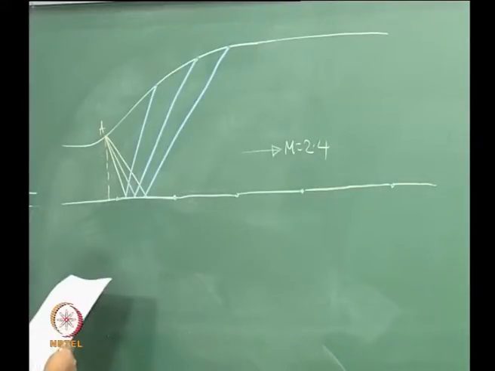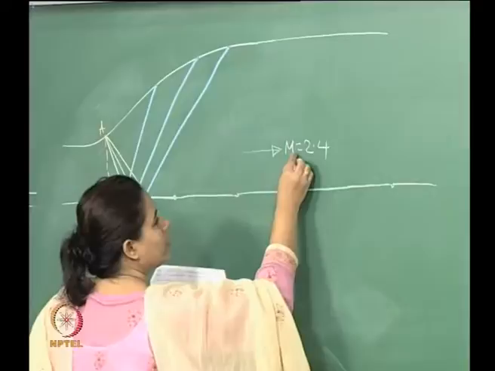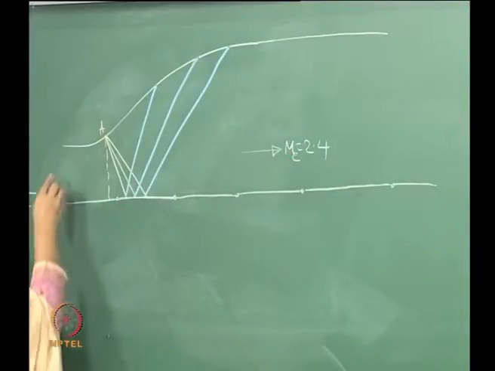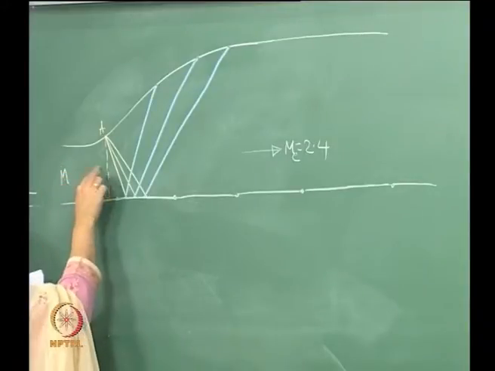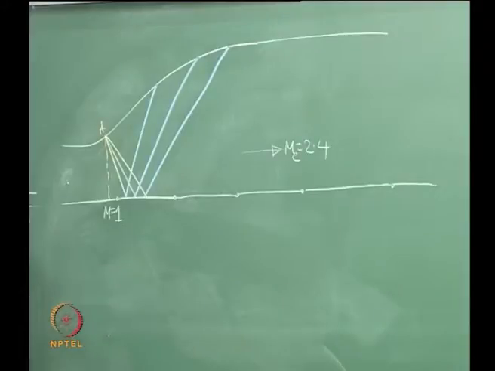So, let me call the Mach number at the exit ME, right, and here the Mach number is 1, this is the sonic region.